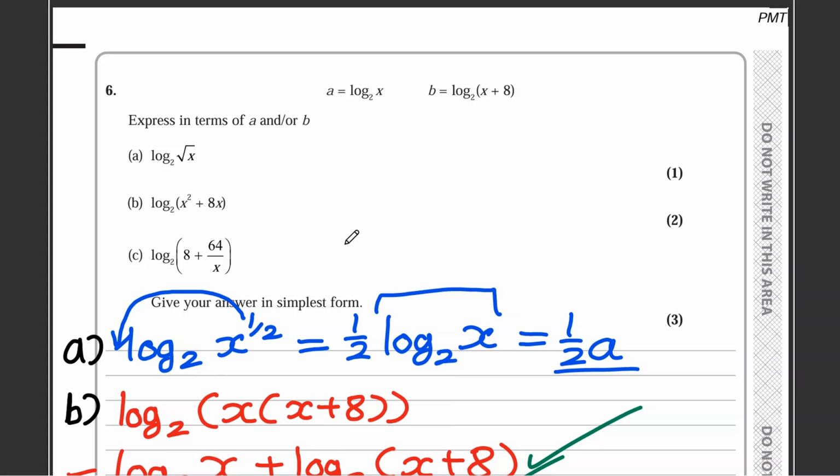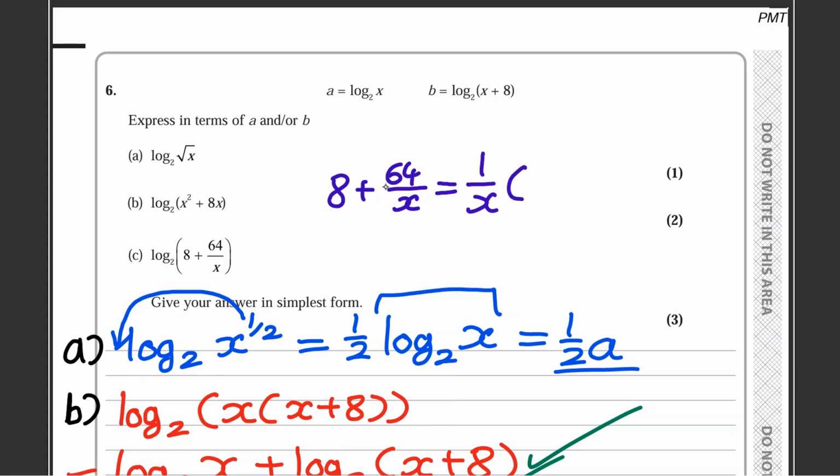So the thing that's really awkward about this one here is inside the bracket, we have this 8 plus 64 over x, with this 64 over x and this x in the denominator. And this is quite difficult to work with. So this 8 plus 64 over x, one thing we could do to get rid of this x in the denominator is we could factorize out 1 over x from this here.